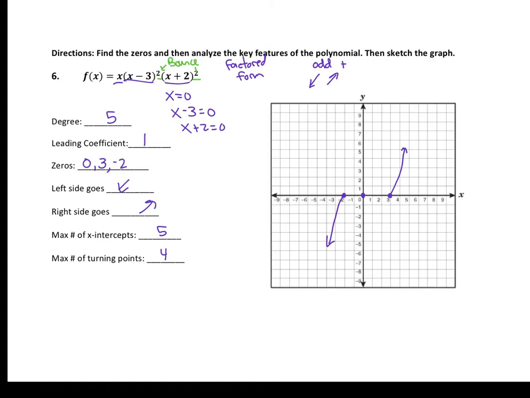We know that the graph is going to bounce at negative 2, and it's also going to bounce at positive 3. So that means it's going to hit there, it's going to go up, then it's going to go back down through 0, it's going to hit 3, and it's going to bounce down.